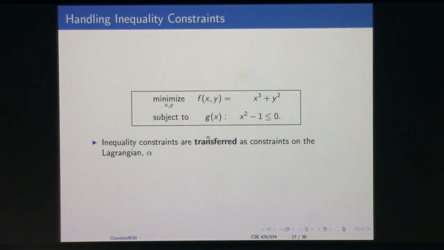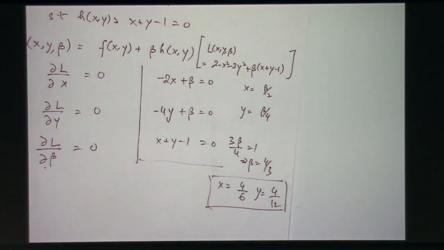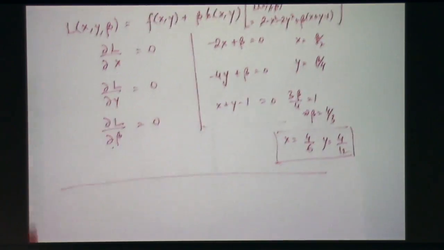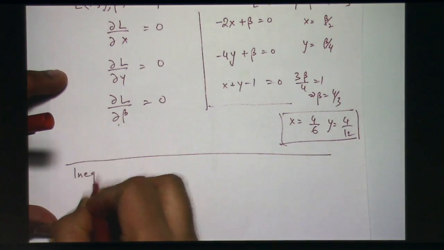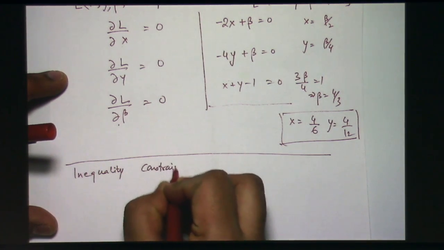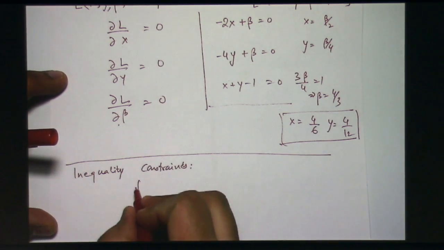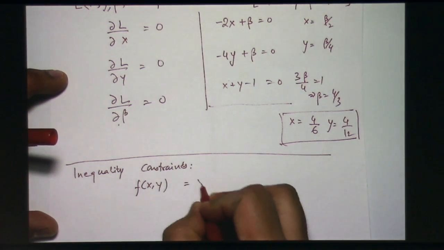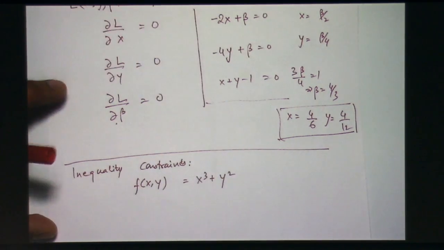Okay, let me write it out here. So this was the equality constraint. Let's say we are considering the case of inequality constraints. Let's say you have some function f of x, y is x cubed plus y squared, and you want to minimize that.